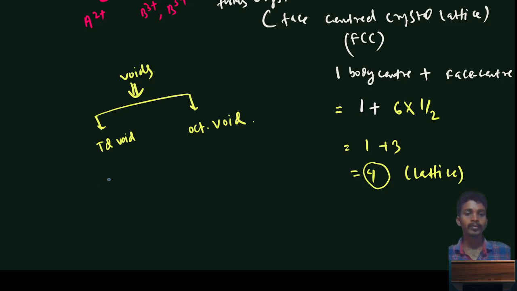So for tetrahedral sites, one is at the body center and another is in between the corners.